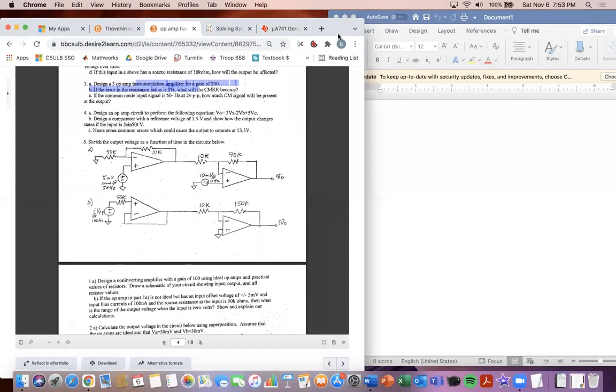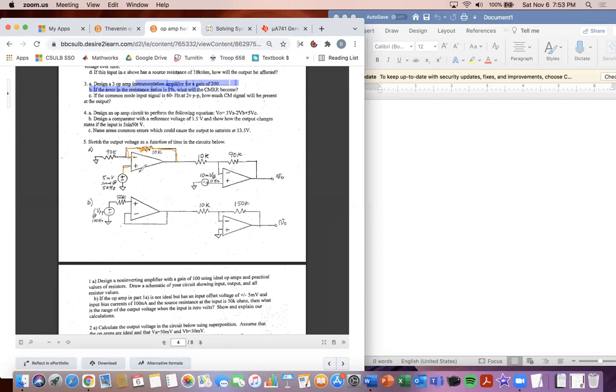Okay, number 5, sketch the output voltage as a function of time in the circuits below. Okay, so let's look at part A. When I'm looking at this, identify the amp. So this one right here is a non-inverting amp, because the voltage source is connected to the positive terminal, but there is feedback also, so that's why it's a closed loop.